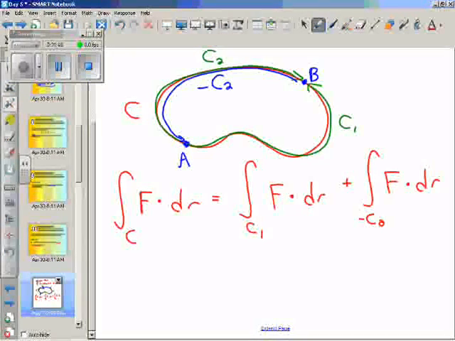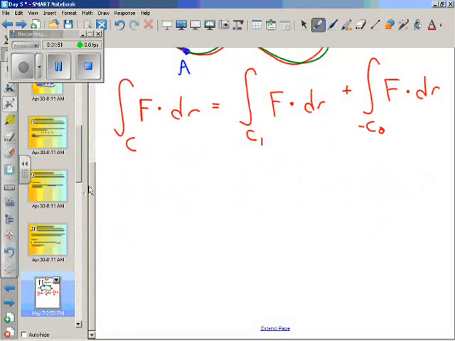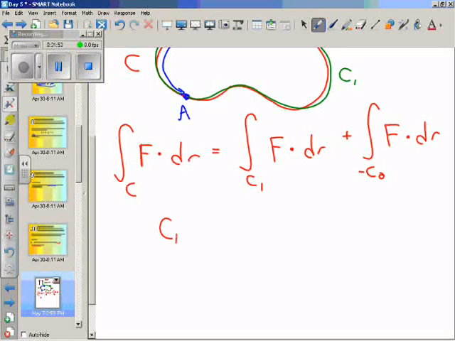But we're actually already done, because notice C1 and C2 have the same endpoints.